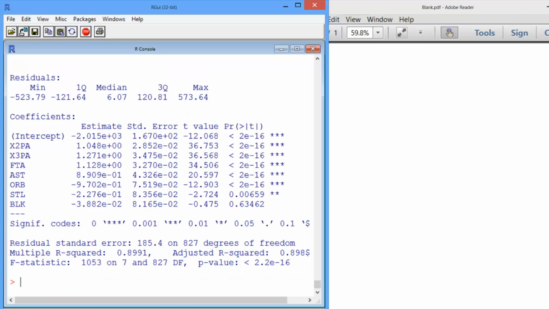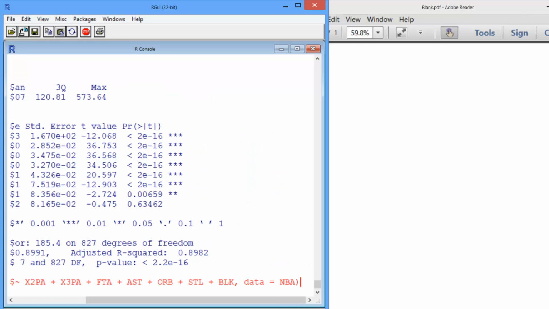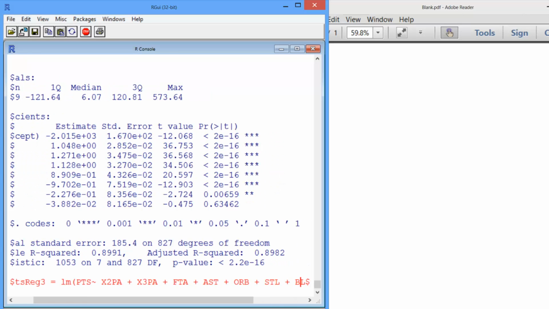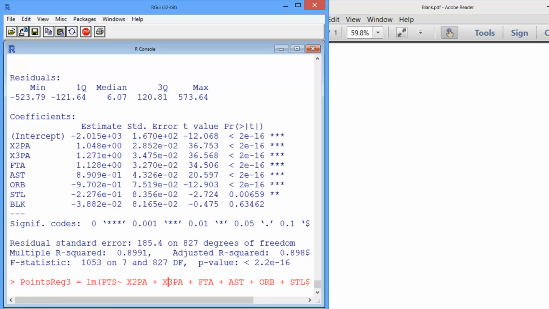It's the same. So I think we're justified again in removing defensive rebounds. Let's try this one more time and see if we can remove blocks. So we'll remove blocks and call it points-reg 4.